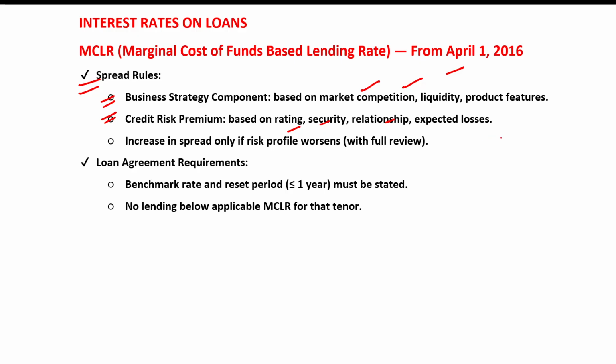So basically, if their credit score goes down, so there is increase in credit risk. If there is an increase in credit risk, then there can be a change in spread.